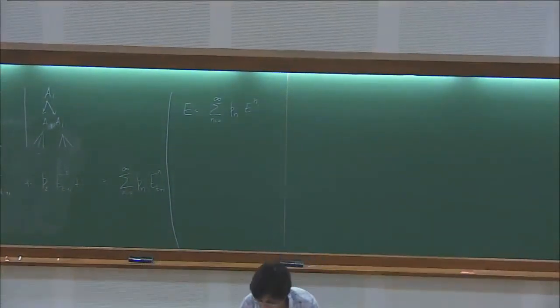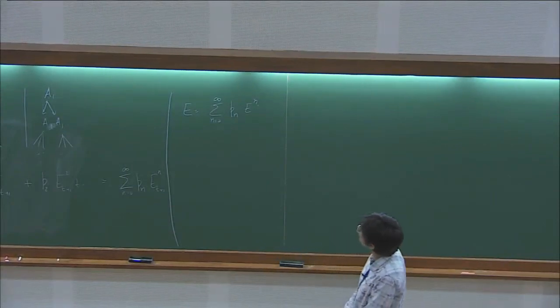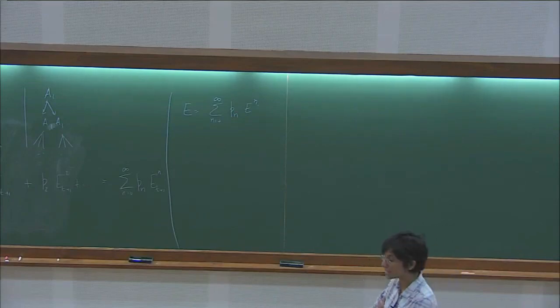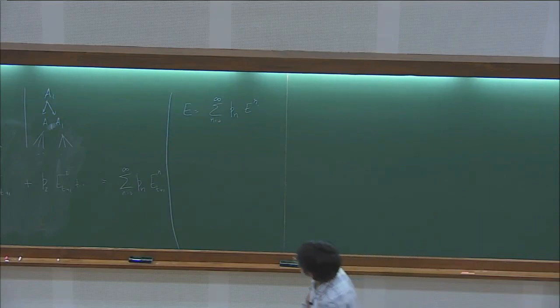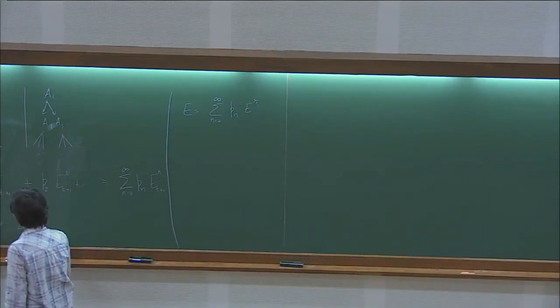So we want to analyze this equation. This is the eventual probability of extinction. This is a probability. So summation Pn this one. So first thing is, so this is our equation.